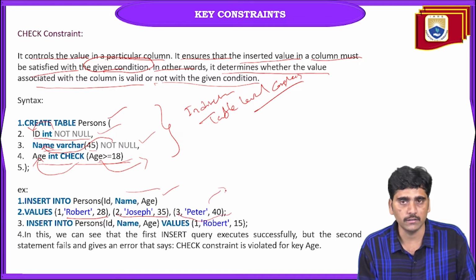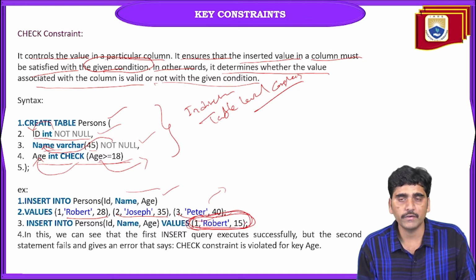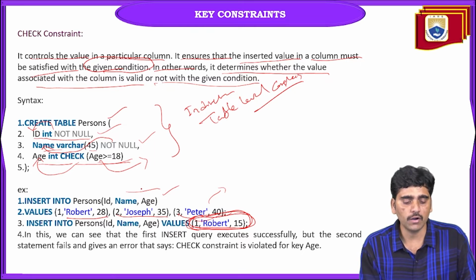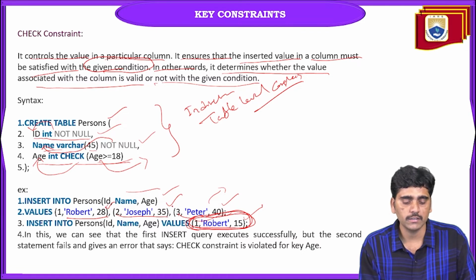So now the table has 3 rows, and similarly I am going to enter one more value like 1, Robert, 15. So the age column can have the values 28, 35, 40, and 15.